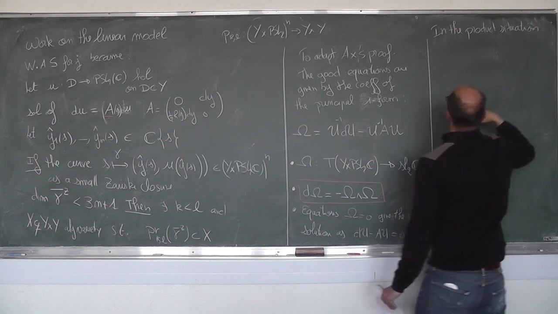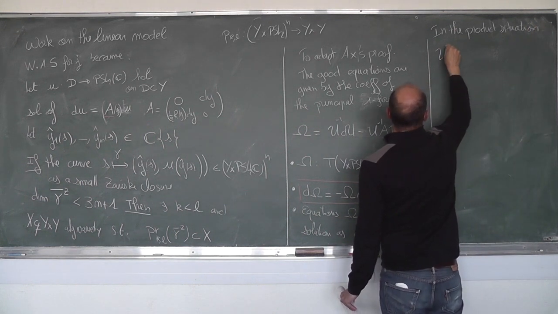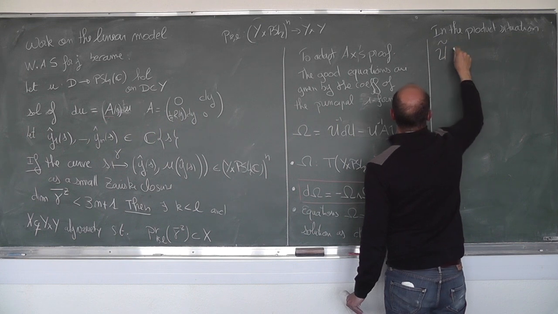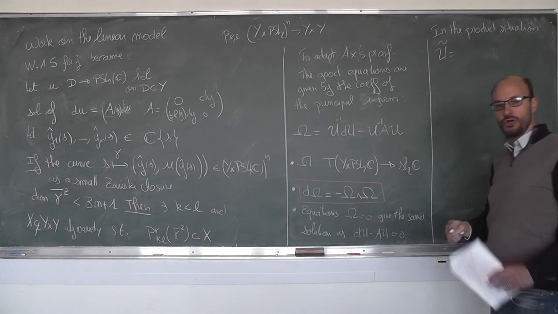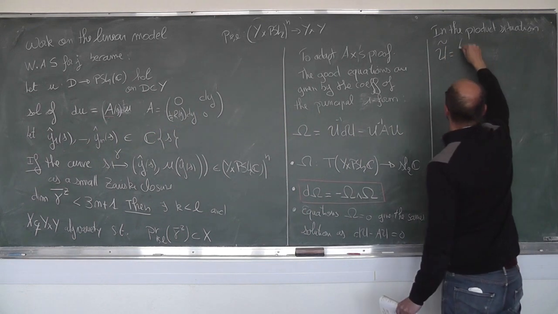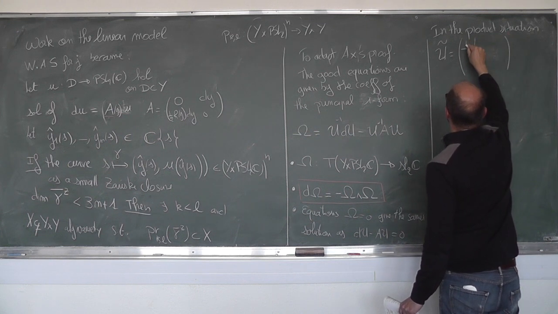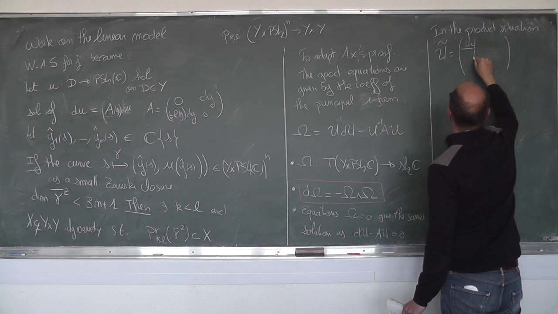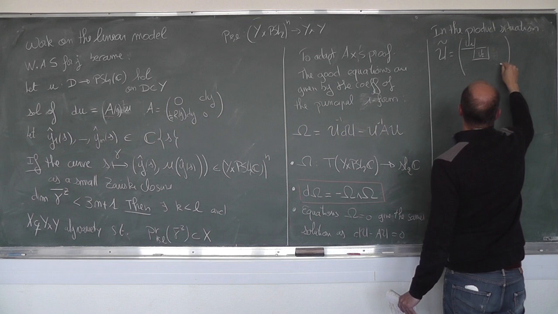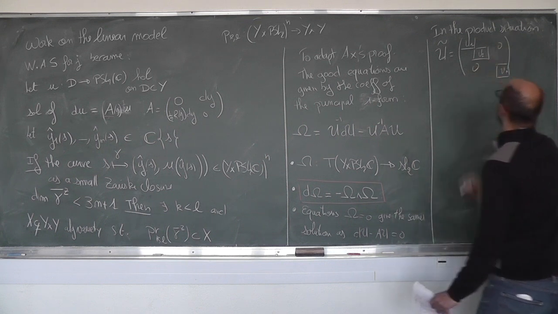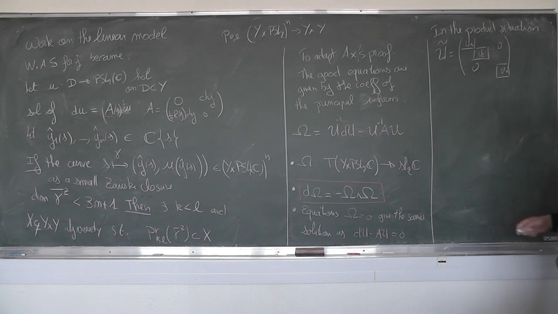So the product situation means that we are in fact working with a block diagonal matrix, with the first block, which is the first 2 by 2 matrix, the second block is a second 2 by 2 matrix, the last block here, also a 2 by 2 matrix.